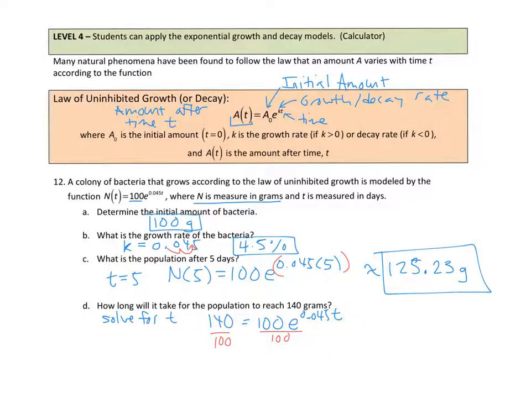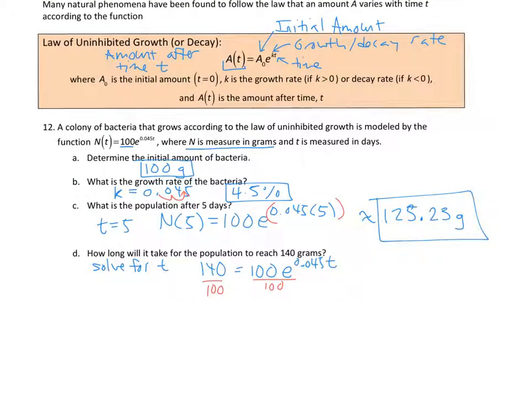And we get 1.4 equals e to the 0.045 t. So the first step was to isolate the exponential part. And now, since t is in the exponent, I can take the log of both sides, in this case the natural log of both sides, to cancel that e and get to the exponent.